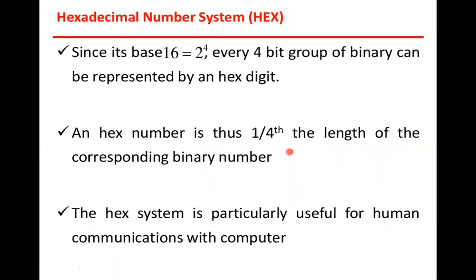Now since its base is 16, it means 2 to the power of 4. So every 4-bit group of binary can be represented by a hexadigit.